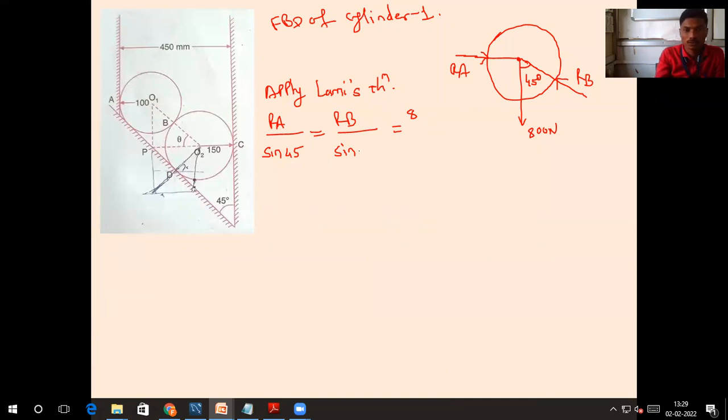And here 800 divided by sine 135. Okay. So from this we can calculate RA equal to RB. Found out how much it is. Will you find it?